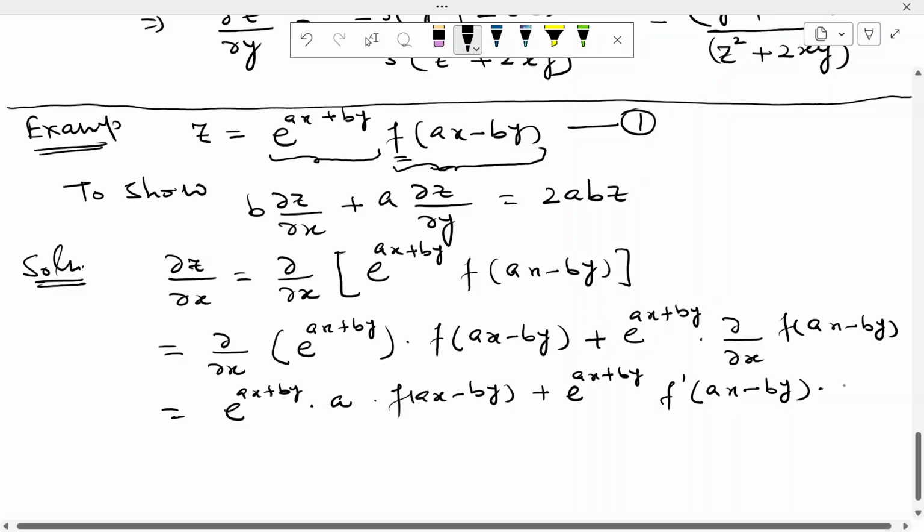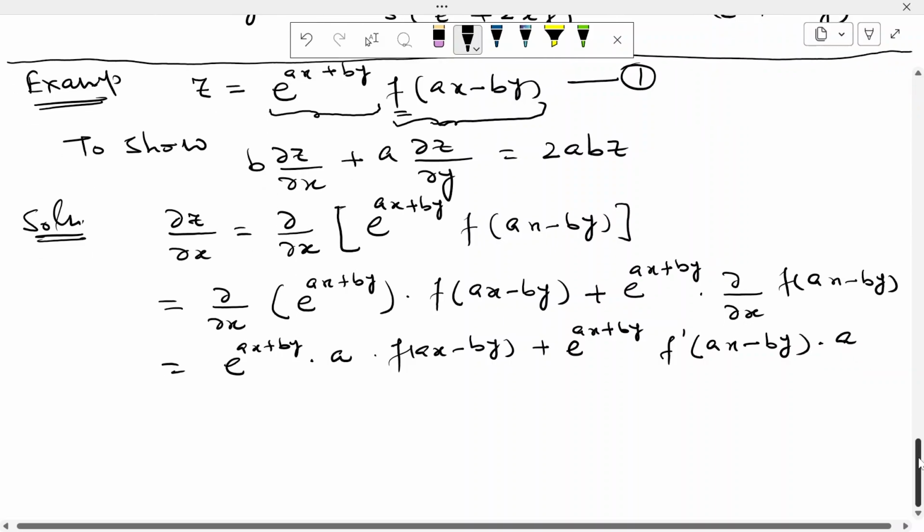This comes out as a. So we have this as del z over del x. Now we have to multiply this by b, because we have to show that b times del z over del x plus a times del z over del y is 2abz.